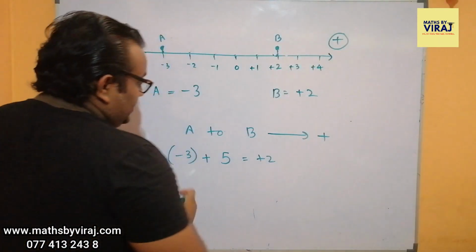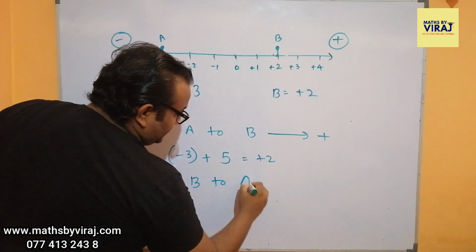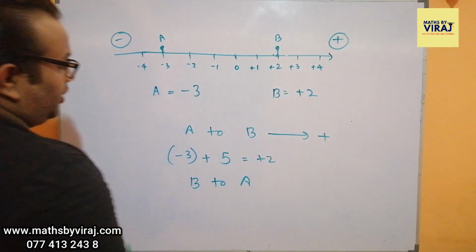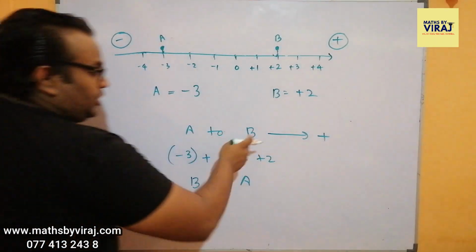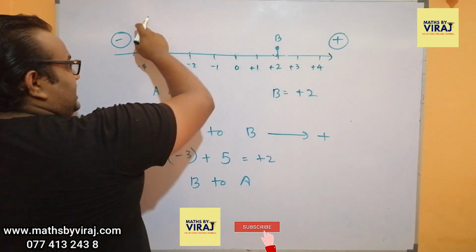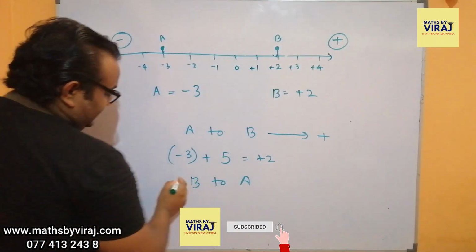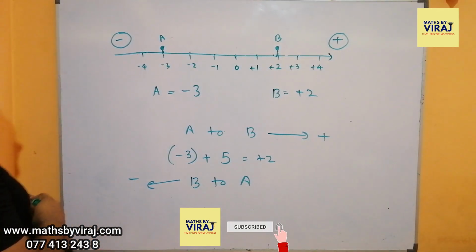Similarly, children, if I am to move from B to A, am I going to move in the positive direction? No. I am going to move in the negative or the minus direction. That is towards the negative direction. Right.